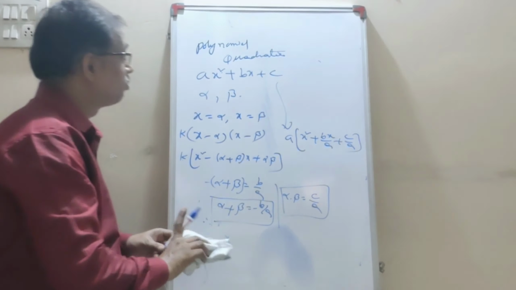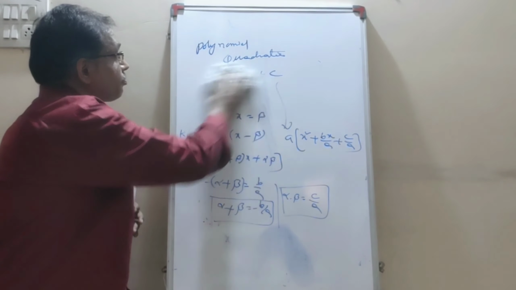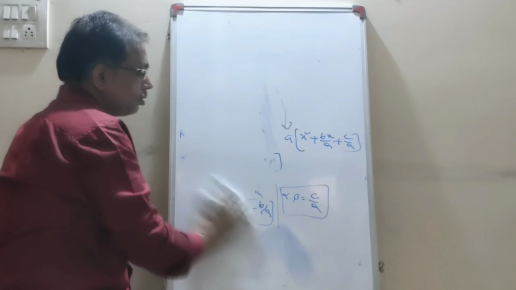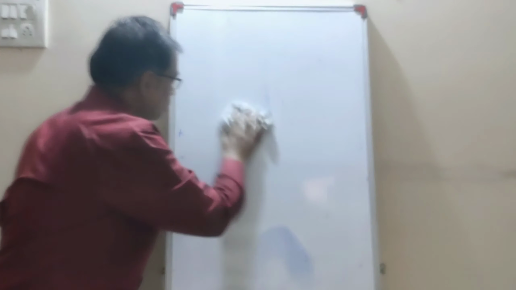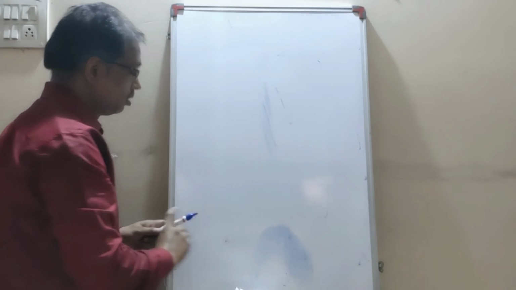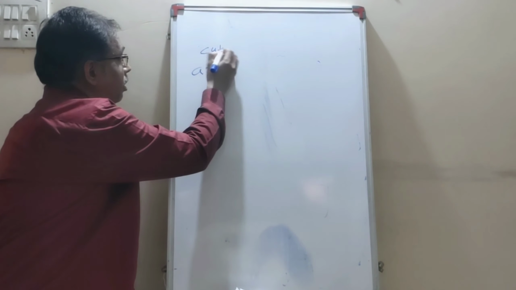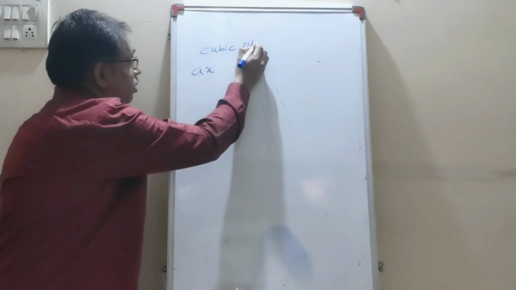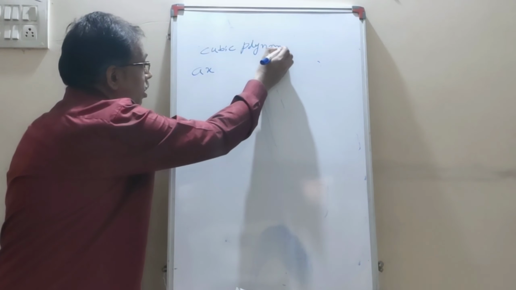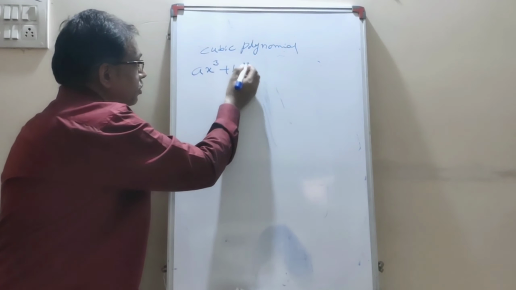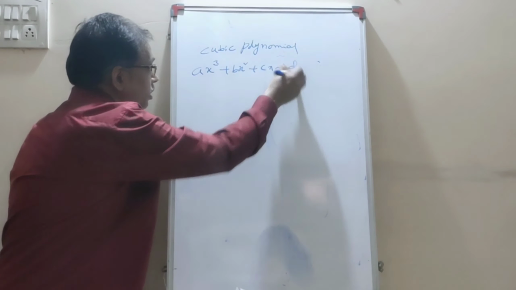And next, for example, I am taking a cubic polynomial. In a cubic polynomial also you can write like this: ax cube plus bx square plus cx plus d.